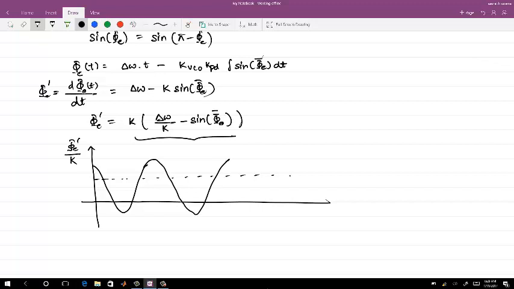So sine phi is positive, then you have the negative, and then you add the delta. Here this is sine phi e.